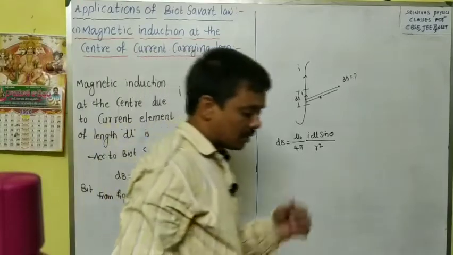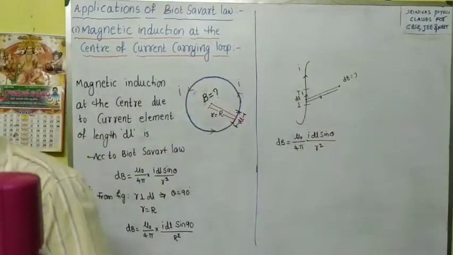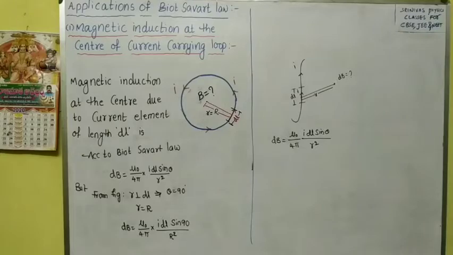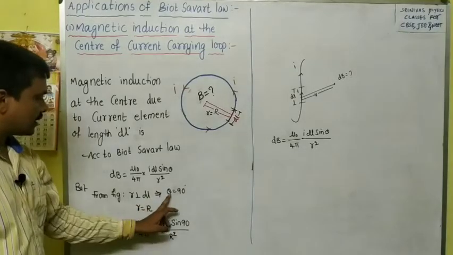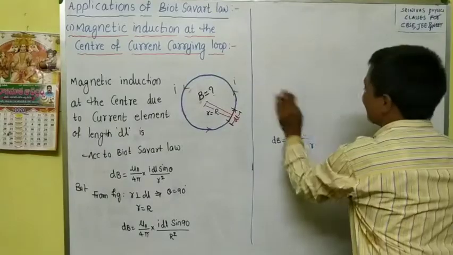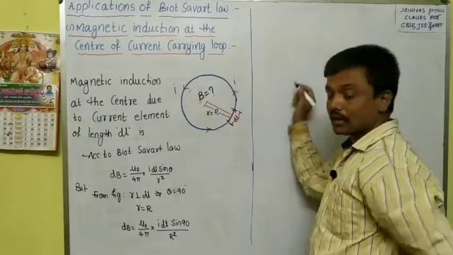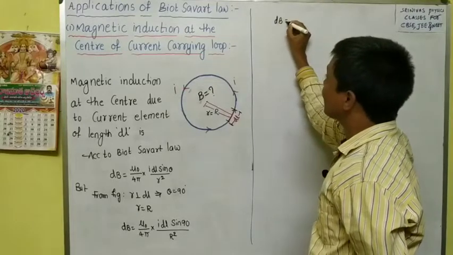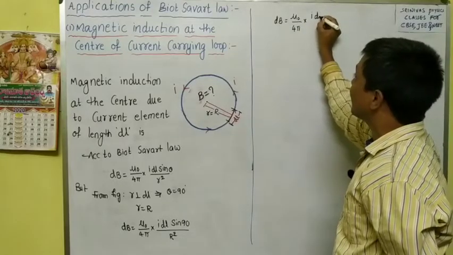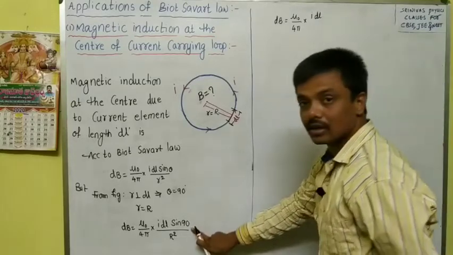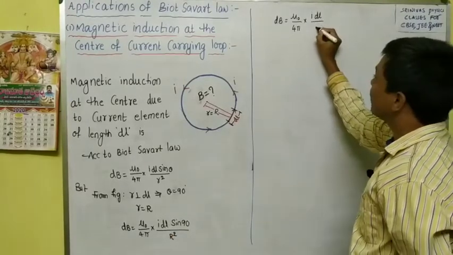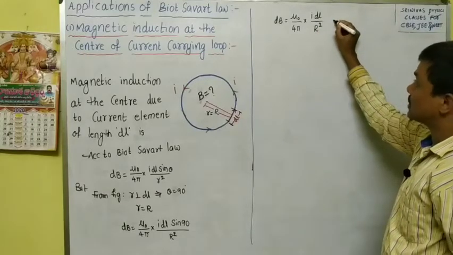Sin 90 is 1, as we already know. Substituting these values, this is very simple and interesting: dB = (μ0/4π) × I dl sin 90, and since sin 90 is 1, we get dB = (μ0/4π) × I dl / R². Let us consider this as equation 1.